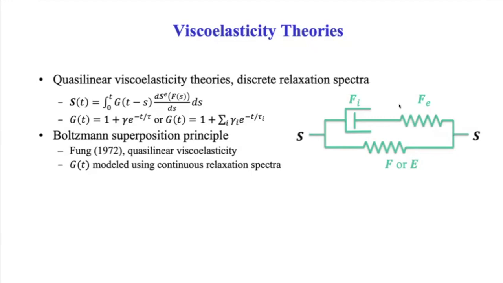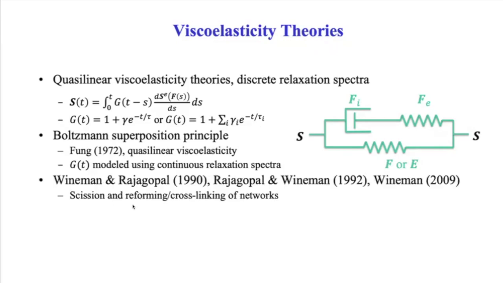However, the dashpot remains a linear function of the velocity, of the rate of strain. As a result of this, the relaxation time, tau, that appears in this exponential has to be a constant. It doesn't depend on the strain. So that's why it's called quasi-linear viscoelasticity. The linear term in quasi-linear comes from the fact that you cannot have a strain-dependent relaxation response.